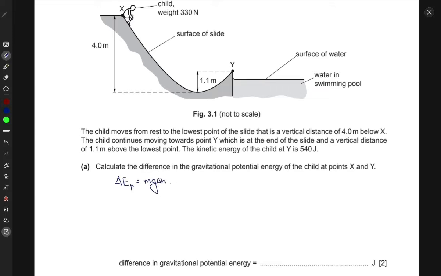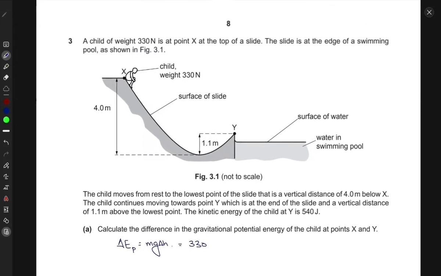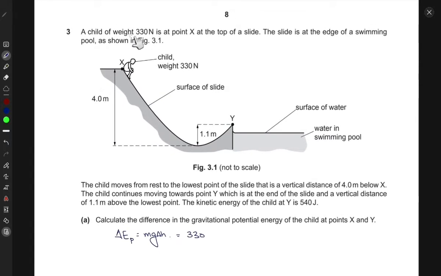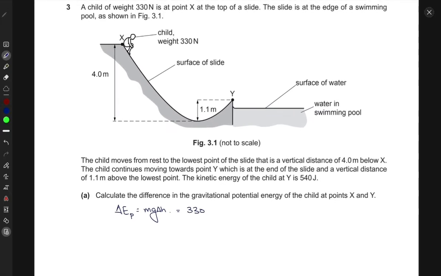In this case, m and g are both constant. If you go back, the weight of the child is 330 newtons. So in place of mg, I can replace it with 330 newtons because that's the weight, and then delta h would be the change in height.